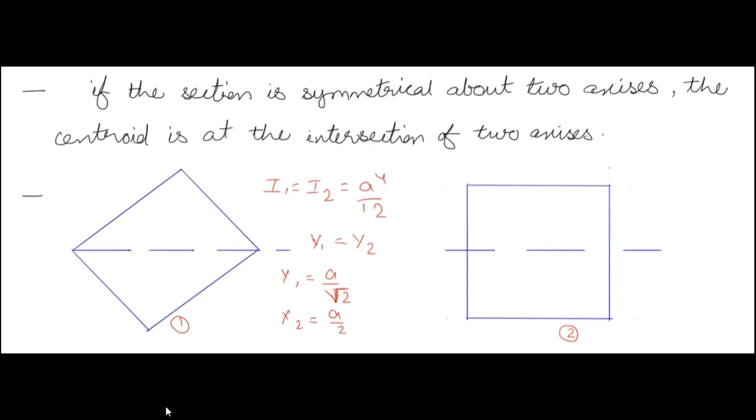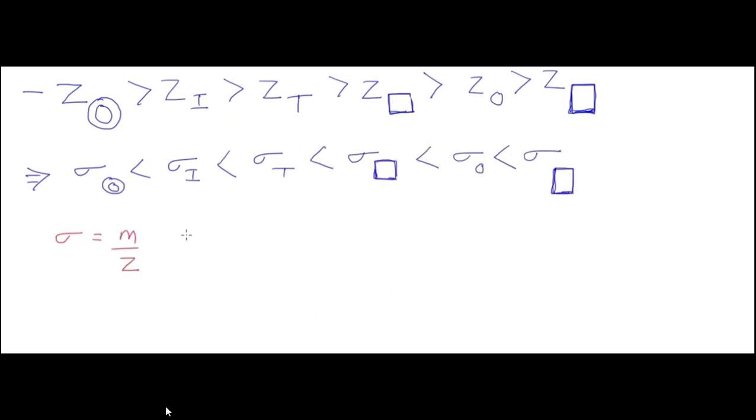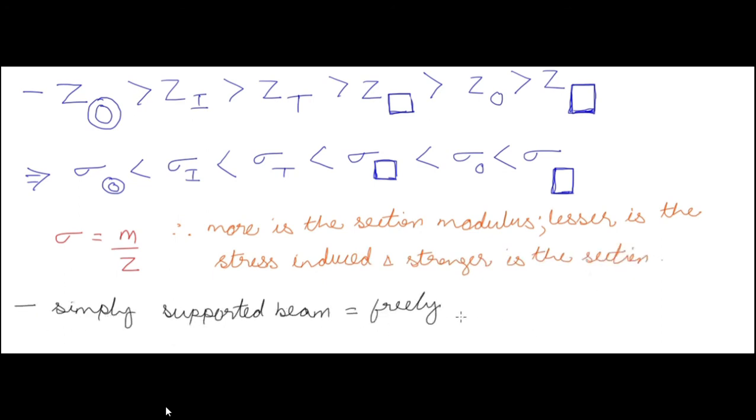Now we will have a strength computation. If you are given the section modulus, then you can find the strength of the cross section or strength of the beam. So if you are given different types of cross section and you have to find out which cross section is the stronger one, then you can compare the section modulus.